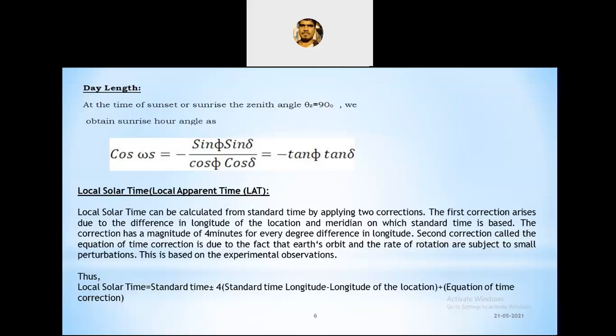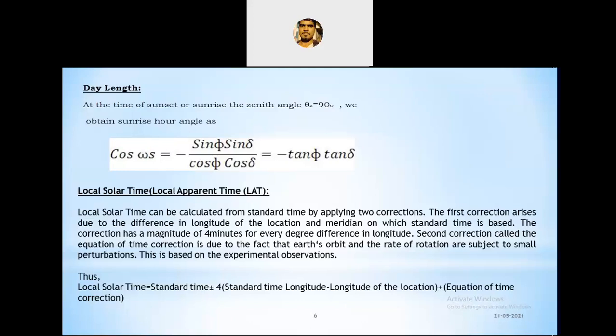By this equation you can easily calculate the day length and the local solar time, or local apparent time, the time used for calculation.